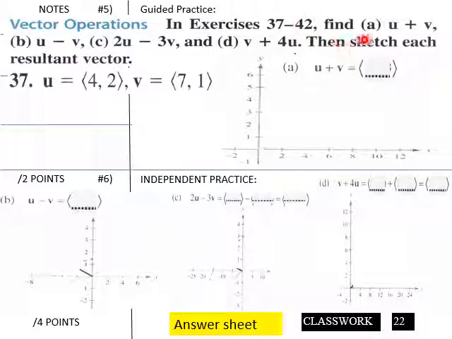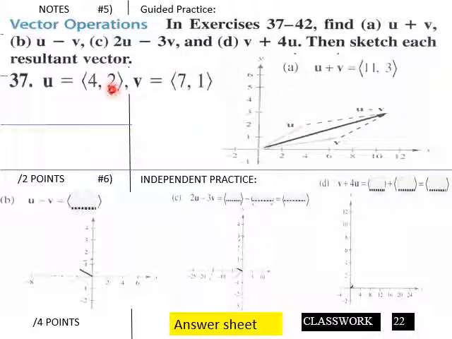37 through 42, find A, which is u plus v. B is u minus v in this situation. And then C is 2u minus 3v. And then D will be v plus 4u. So our first situation here is u plus v, which is 11, 3.